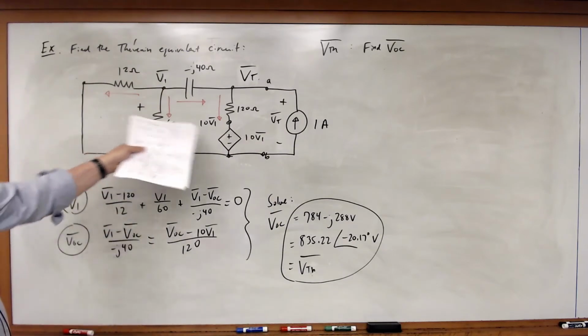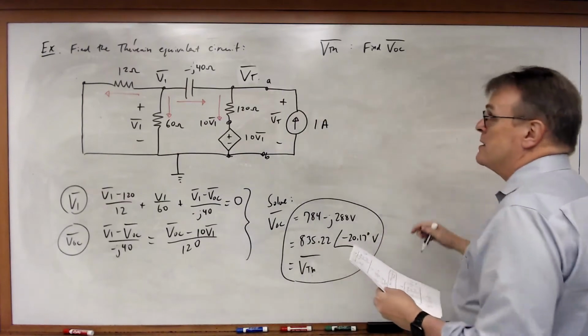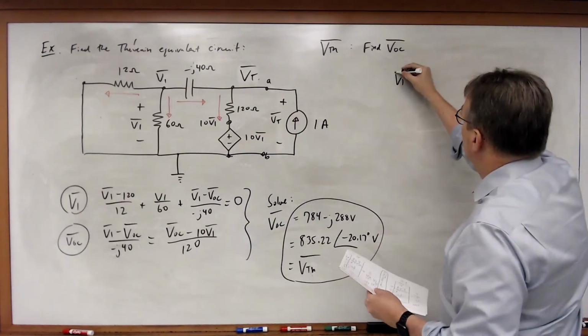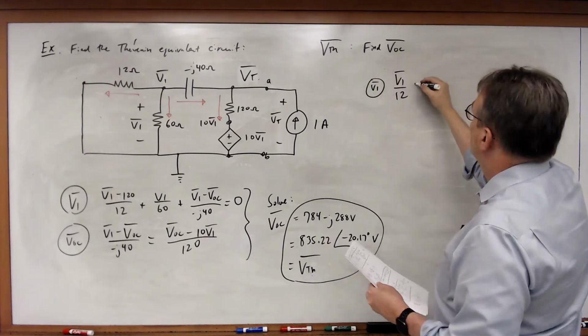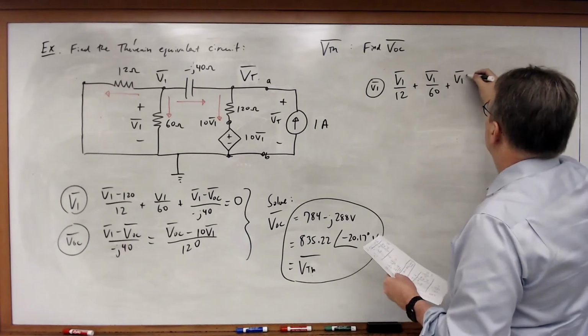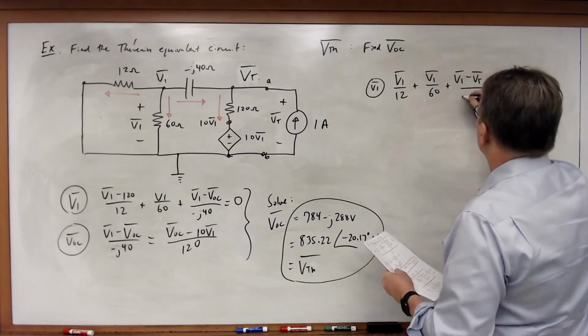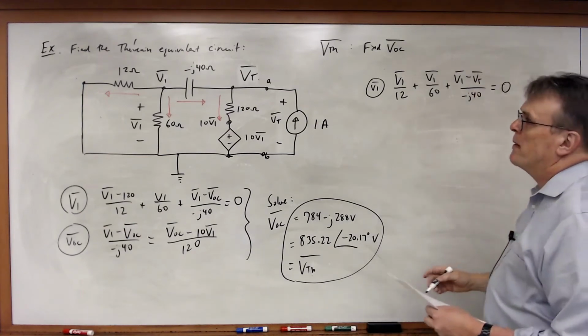And now I can go through and write the equations for this. And so in this case, V1 over 12 for my V1 node plus V1 over 60 plus V1 minus VT over minus J40 is equal to 0.